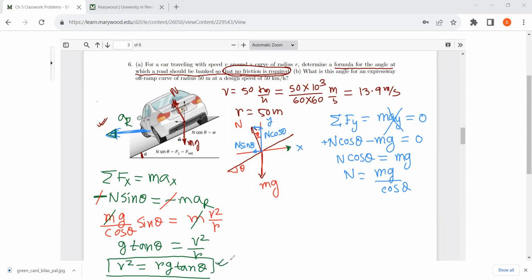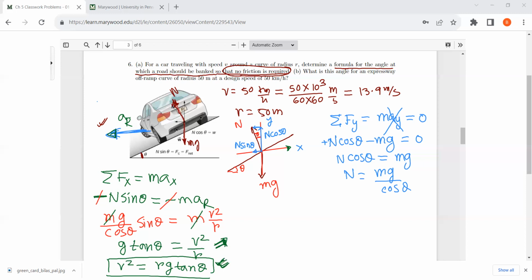So this is basically the equation we need, but here it asks us to find the formula for theta. So then we just need to play with this equation. This equation you need for homework, one of the homework problems where I think I asked you to calculate v for a banked curve.